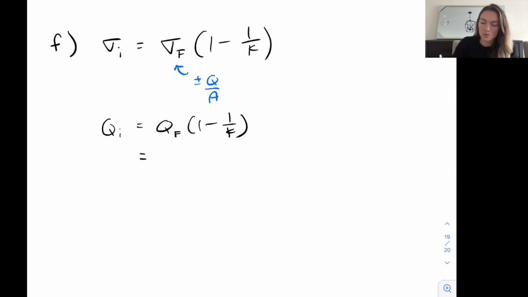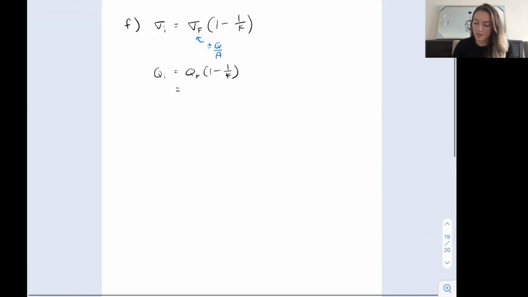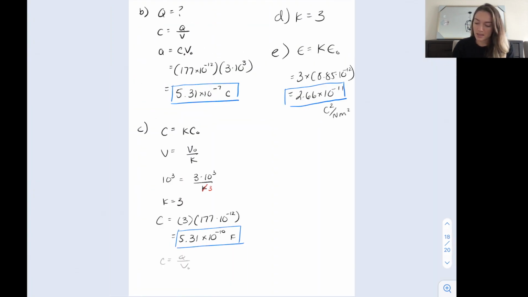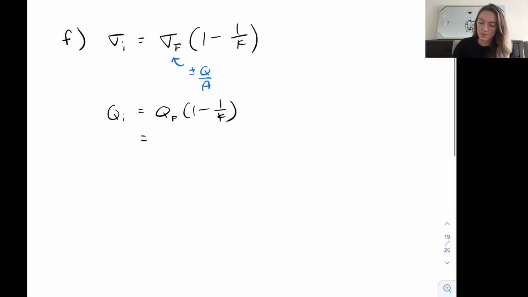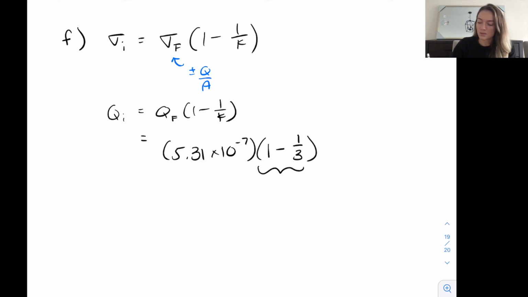So here, Q_f, we can just insert the charge that we found when we found the charge on each plate. So we have 5.31 times 10 to the negative 7 coulombs. So we just insert that here: 5.31 times 10 to the negative 7 coulombs times 1 minus 1 over 3. 1 minus 1 over 3 is just 2 over 3.